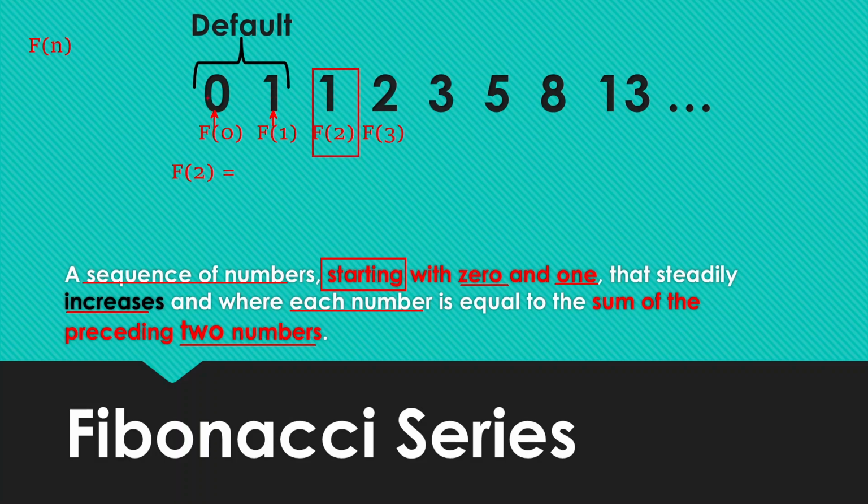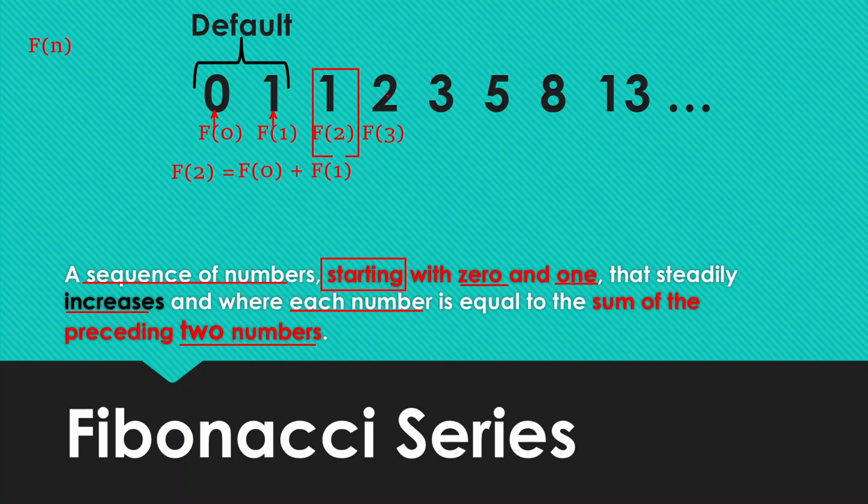The sum of the preceding digits will be 0 plus 1. So what we simply mean here is that this will be F of 0 plus F of 1.